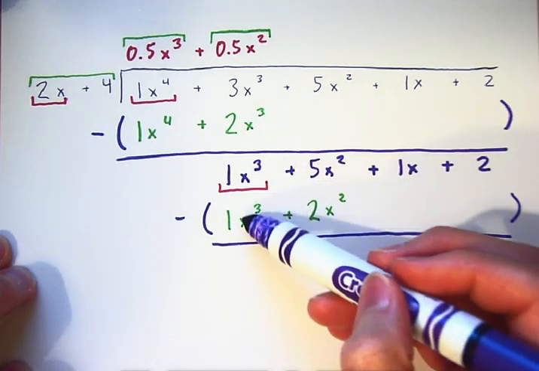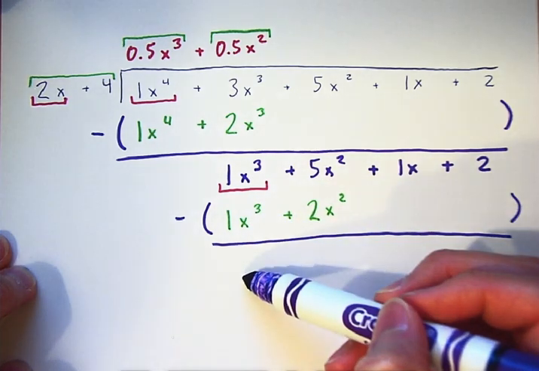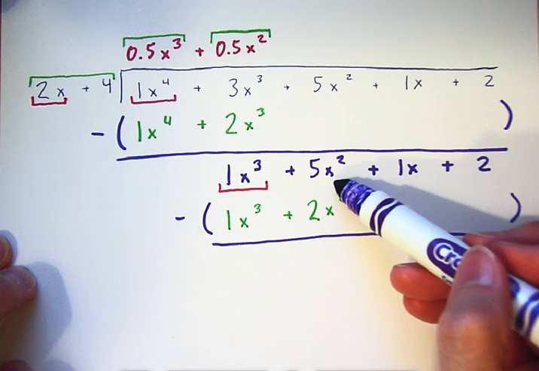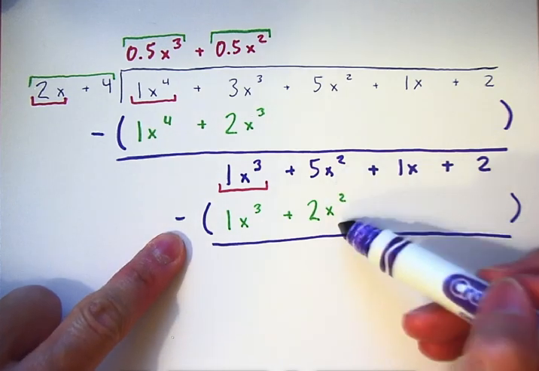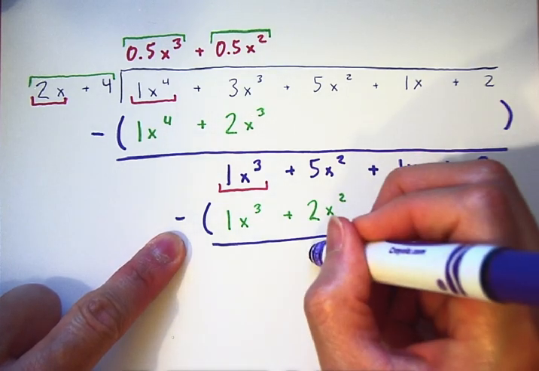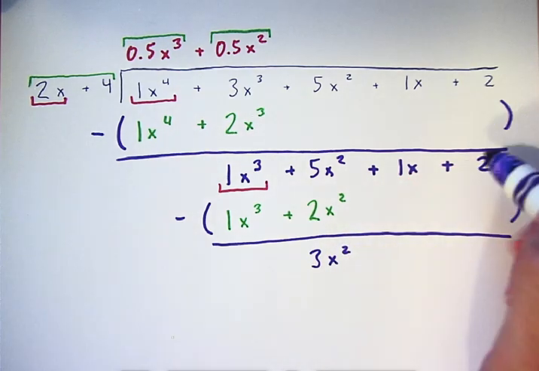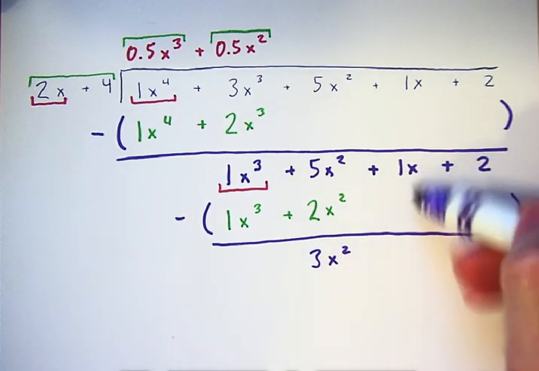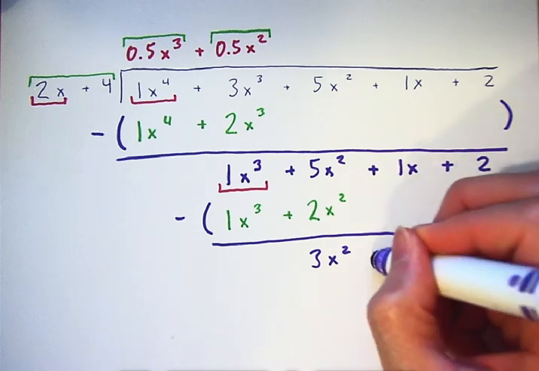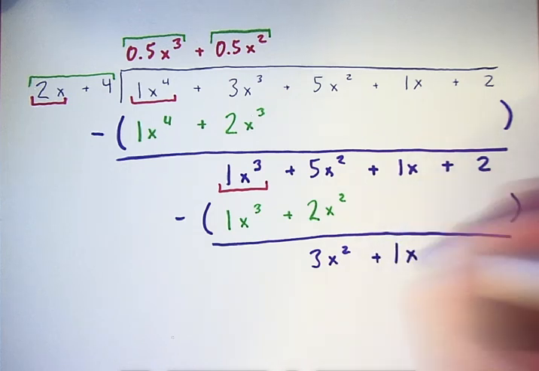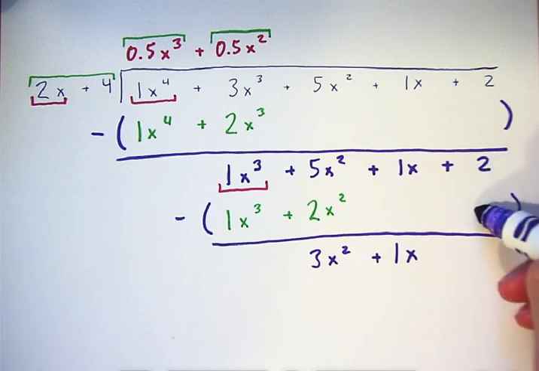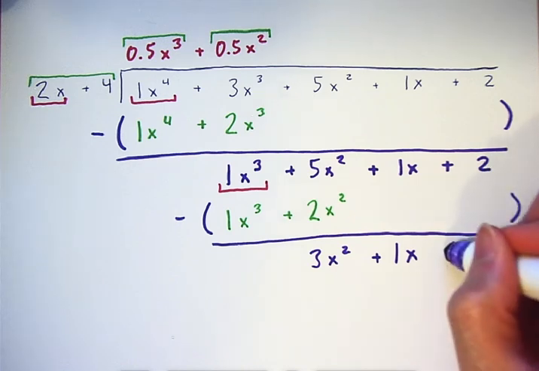This one, subtract this one, is 0. 5x squared, subtract 2x squared is 3x squared. 1x minus nothing is still positive 1x. 2 subtract nothing is still positive 2.